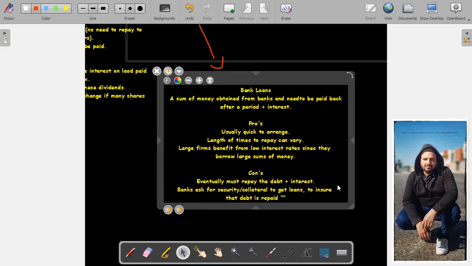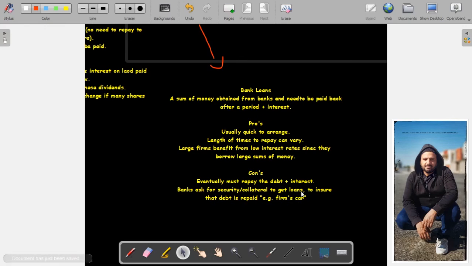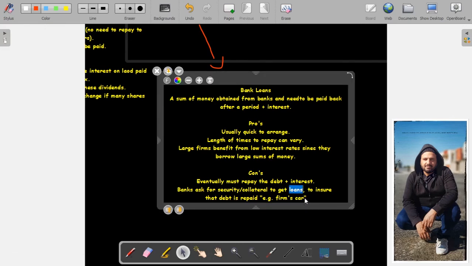As an example, as I said, firms' cars and firms' buildings can be used as collateral.